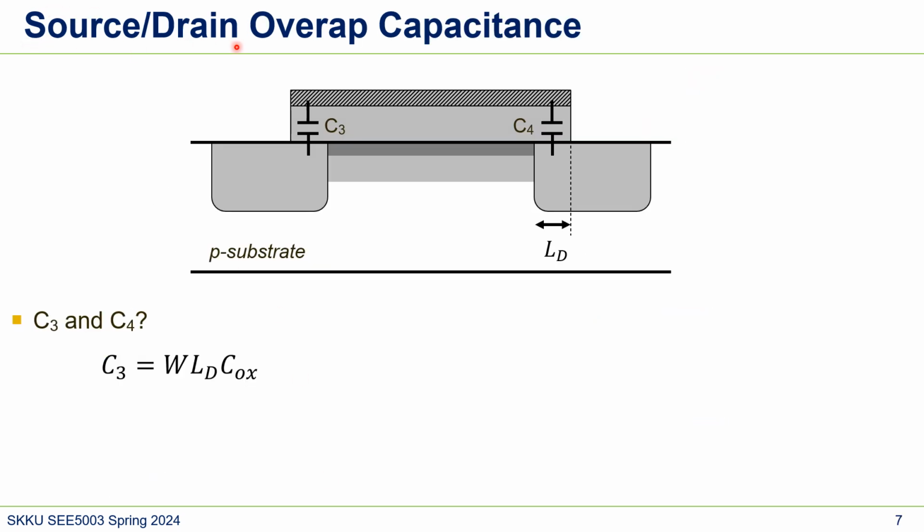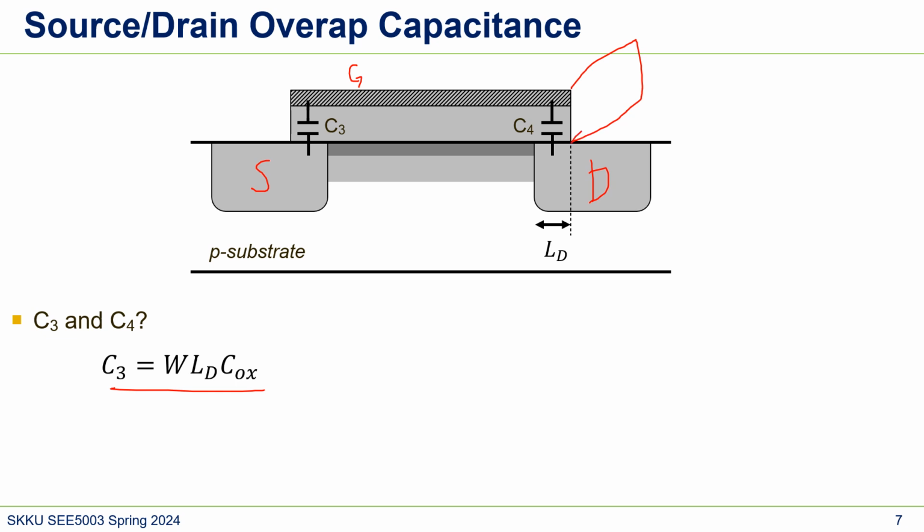First, source drain overlap capacitance. It means between gate and source and drain, C3 and C4. We can represent it as W times LD times COX. So W is width.